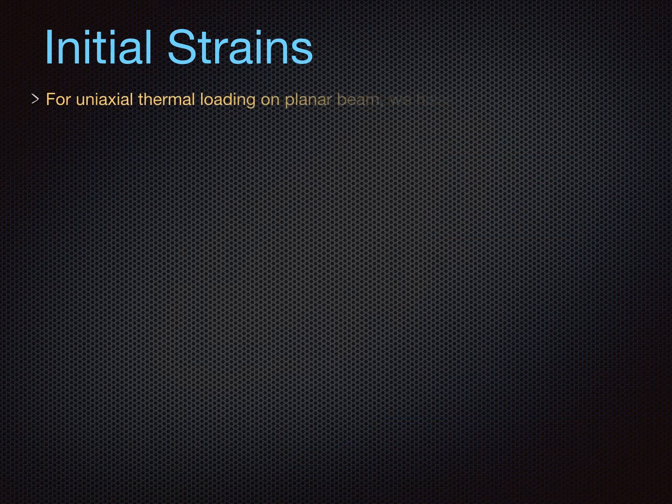So let's, as I was telling you, just specialize this relationship for uniaxial thermal loading on a planar beam or rod. We will have the axial strain, or rather this strain quantity, the resultant initial strain quantity comprising two general parts, an initial axial strain and an initial curvature.